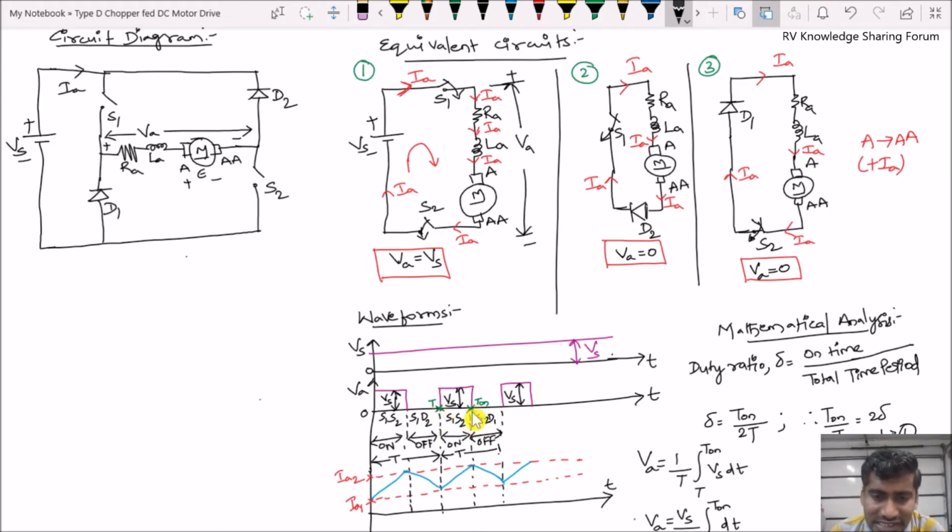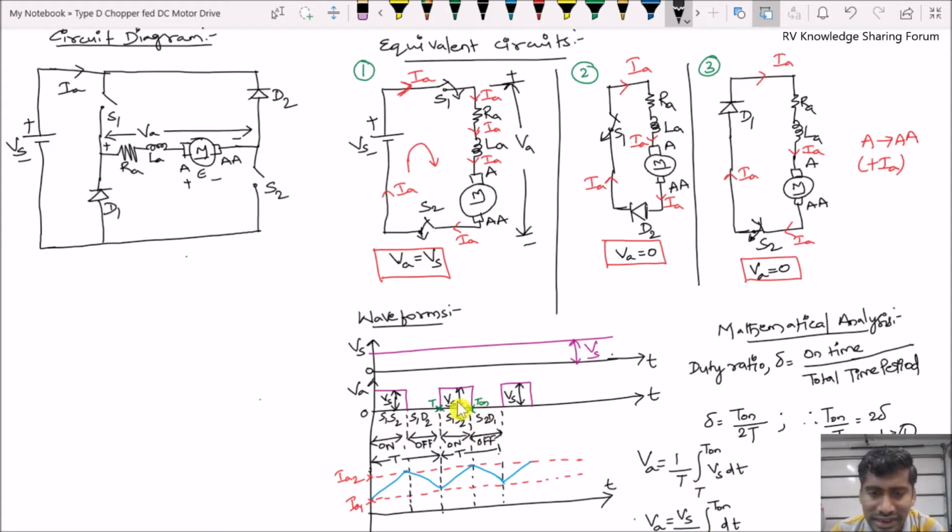Switch S1 is on from 0 milliseconds up to this time period, so T on represents the on time of switch S1.